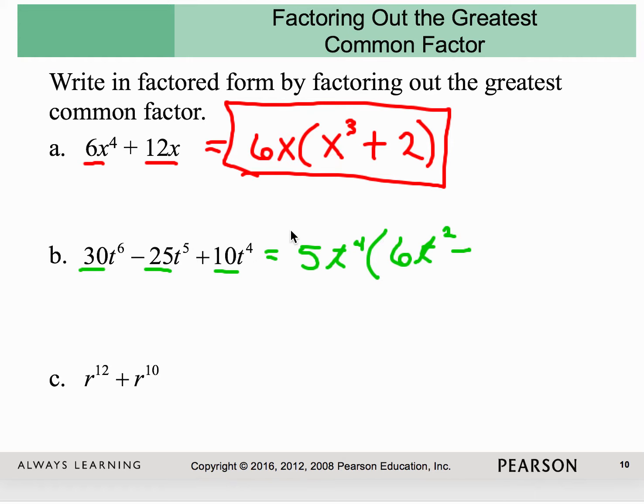Factor a 5 out of 25 leaves 5. Factor t to the 4th from t to the 5th, that's going to leave 1t. Now there's a plus sign. Factoring a 5 from 10 leaves 2. And I took the whole t to the 4th out to the front, so there's no t's here, so close your parenthesis.